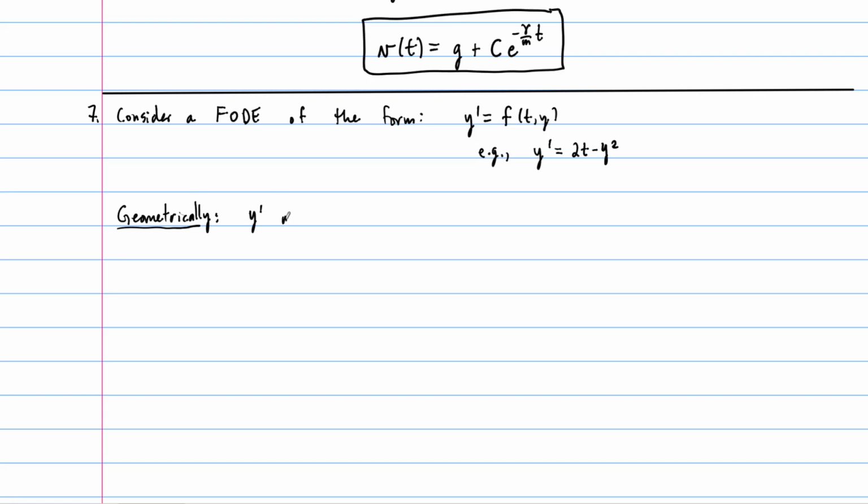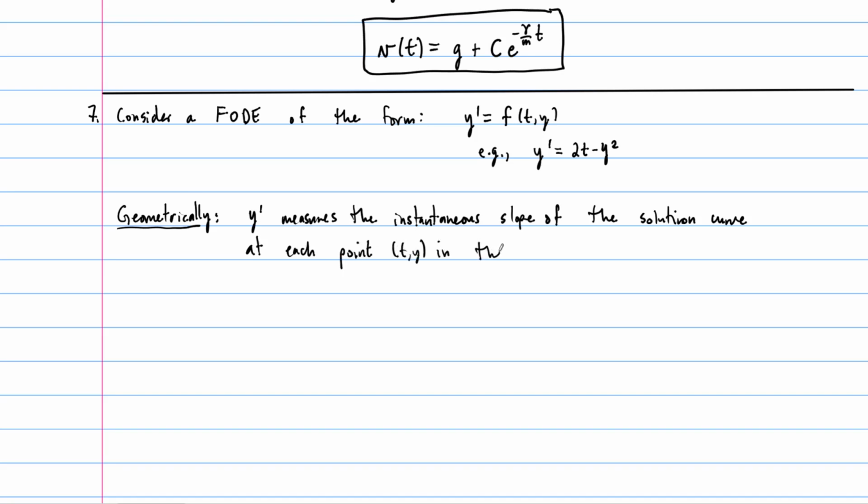So y prime measures or represents the instantaneous slope of the unknown solution curve, so of the solution curve at each point, so at each point t comma y in the plane.